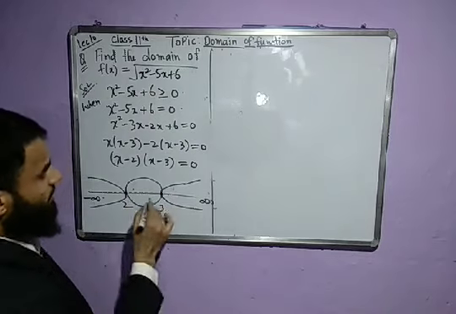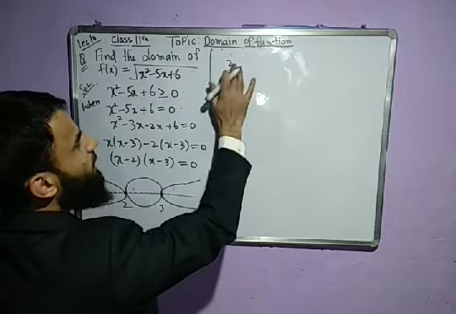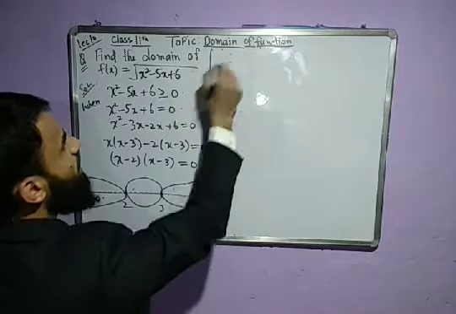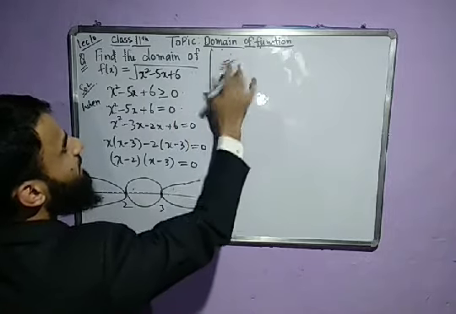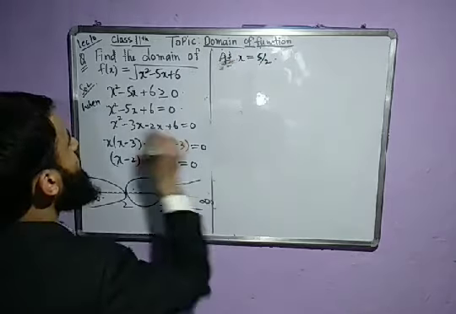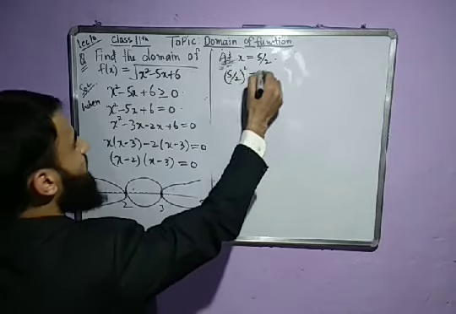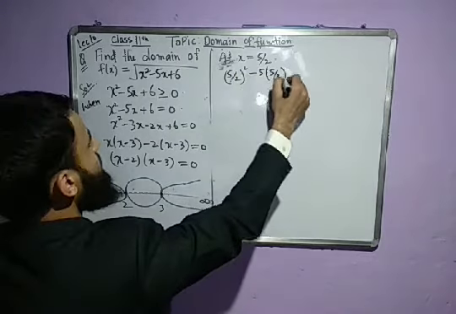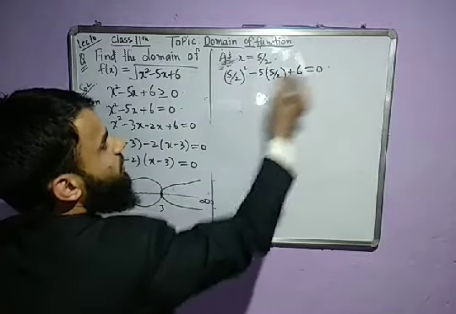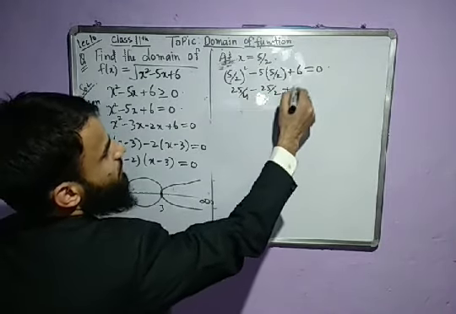In between is 2.5. So let's suppose I will take 2.5, that is 5 by 2. So I will get 5 by 2 square minus 5 into 5 by 2 plus 6. Now it will be 25 by 4 minus 25 by 2 plus 6.